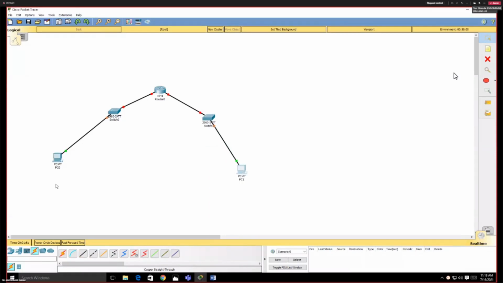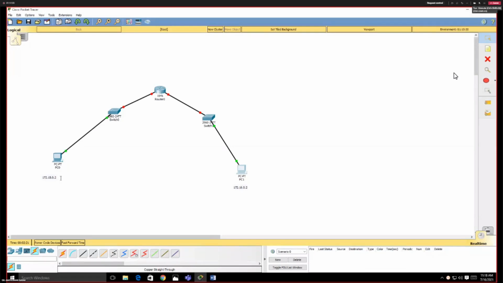Now please listen to me carefully. For computer PC0, I want to assign IP address 172.15.0.2, and I want to assign IP address 172.16.0.2 to PC1 in LAN 2.